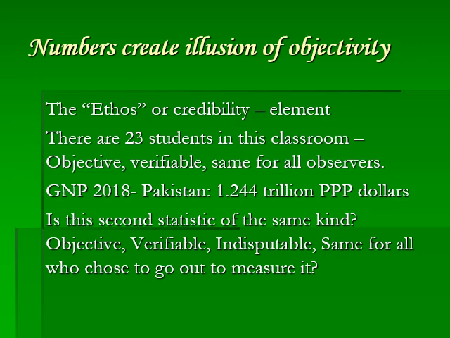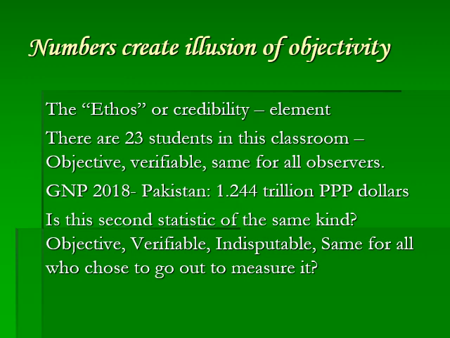So we come to the two problems that create the illusion of objectivity, and one of them is the numbers. So suppose I say that there are 23 students in this classroom. This is obviously objective, verifiable, and the same for all observers. So this is truly objective. But suppose I say that the GNP in Pakistan in 2018 was $1.244 trillion measured in terms of purchasing power parity.